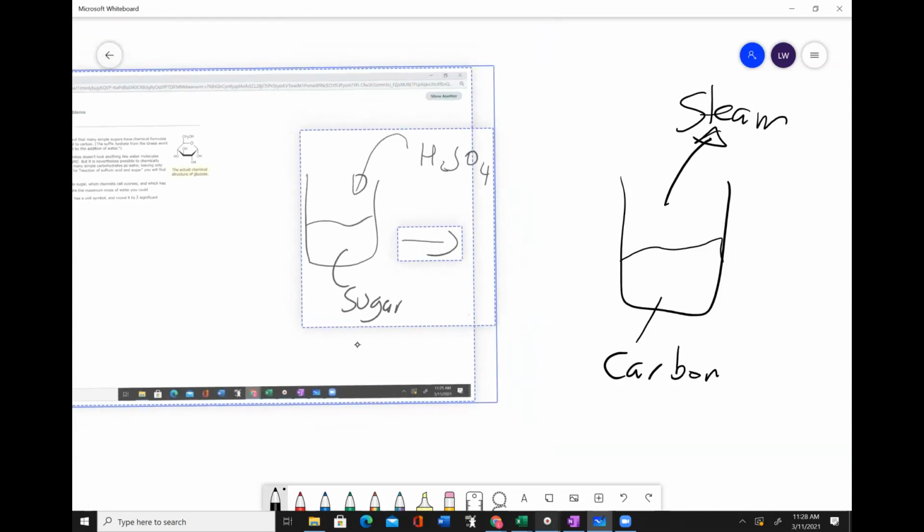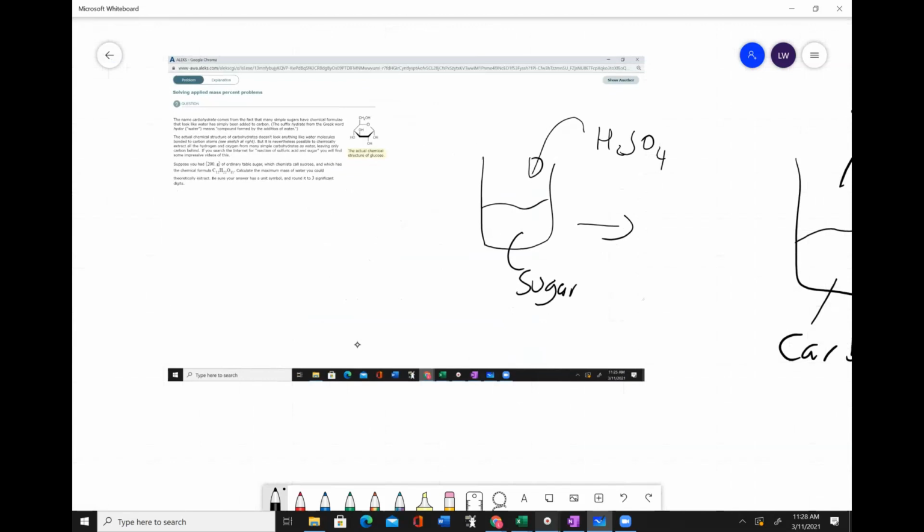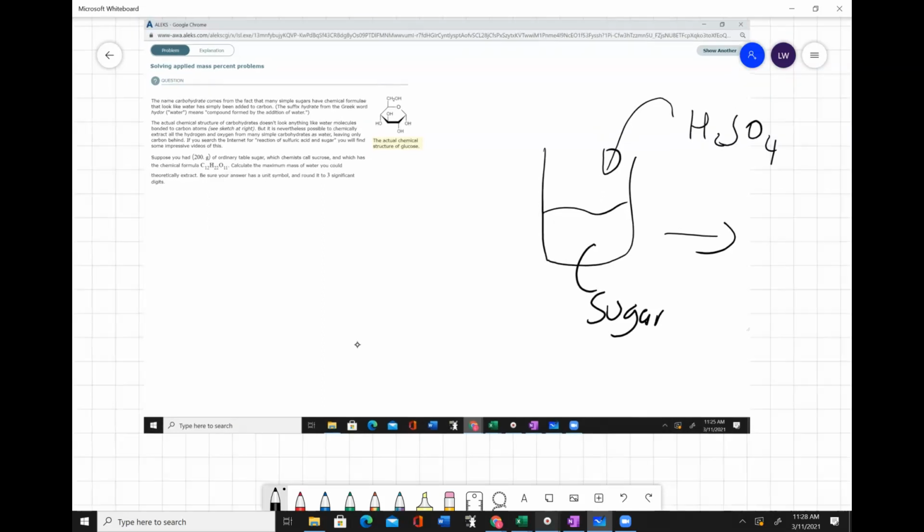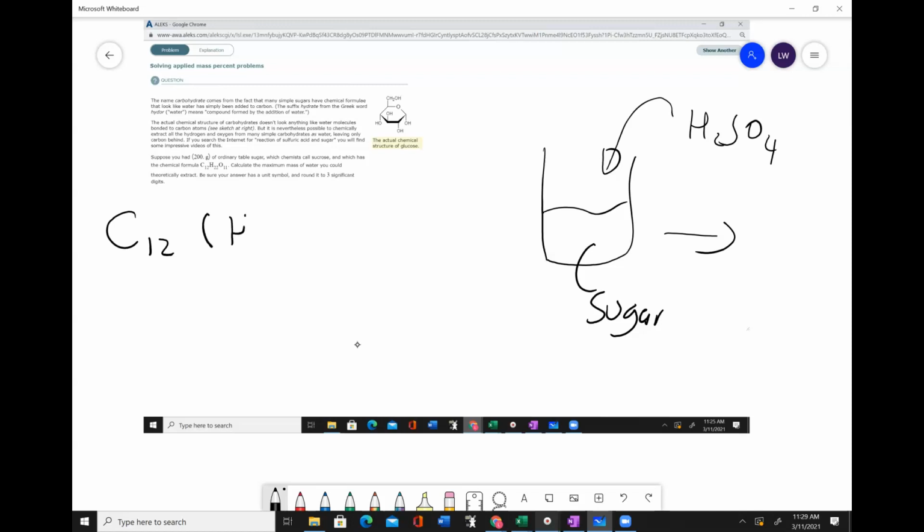All right, none of that helps you solve the problem. It says, suppose you have 200 grams of ordinary table sugar, which is called sucrose, which has the chemical formula C12H22O11. Calculate the maximum mass of water you could theoretically extract. So we've got C12(H2O)11. What we're going to do is calculate the mass percent water, kind of like how we were calculating the mass percent of an atom previously.